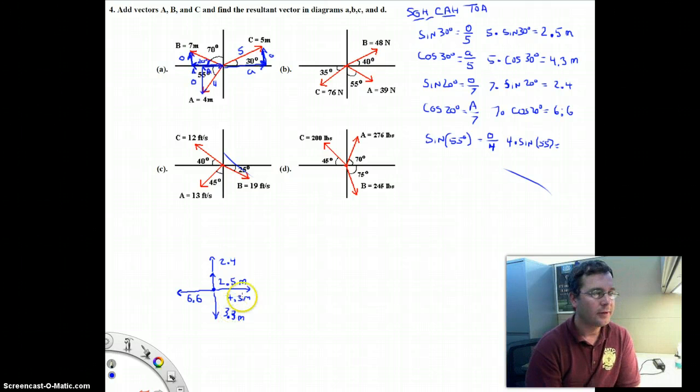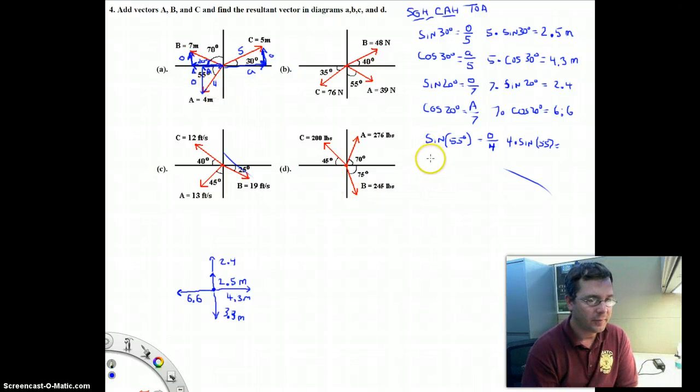3.3 meters. The last piece to figure out is the horizontal component of vector A, and that we can use the cosine function for because the horizontal component is adjacent to the angle. So cosine equals adjacent over the length of the hypotenuse, which is 4.